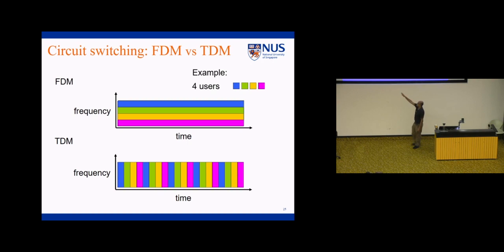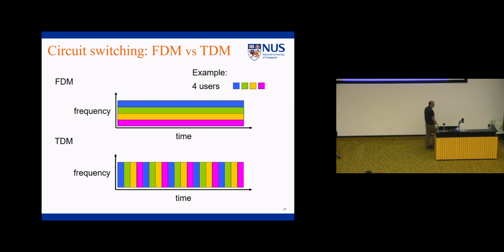So allocate the first slot to the blue person, and after 4 units, again blue, and so on. So you get repetition of slots, so you can still transfer, but you don't get to transfer at all times. So here I have divided my resources in time. If you look at it, you're still getting 1/4 of the entire resources. It's just the mechanism of how I'm giving it to you. So this is time division multiplexing.